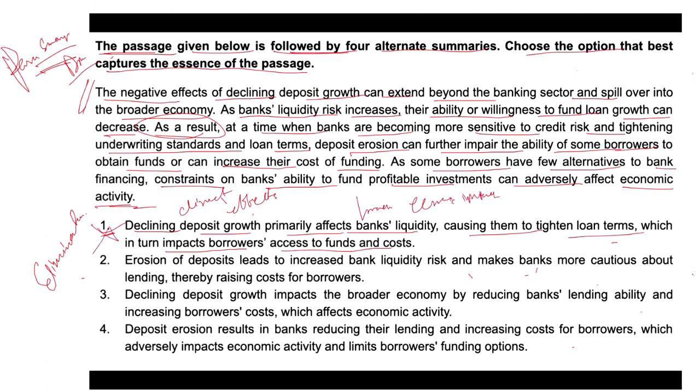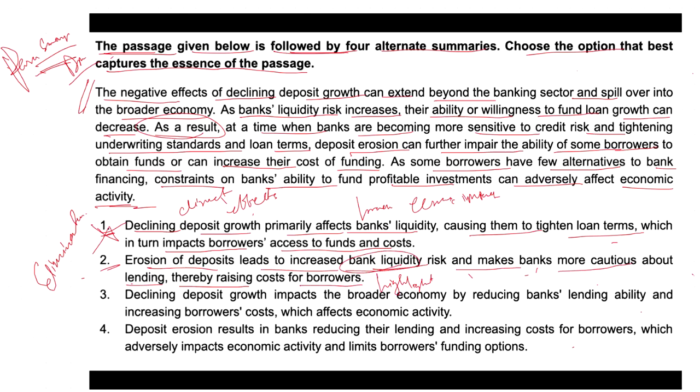Second one, erosion of deposits leads to increased bank liquidity risk and makes banks more cautious about lending, thereby raising cost for borrowers. Now, this option does what? Highlights the impact on bank liquidity, isn't it? Bank liquidity. And also, you can say that borrowing cost, isn't it?